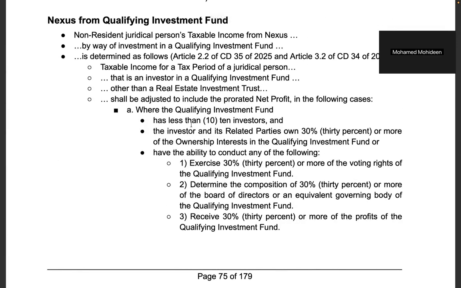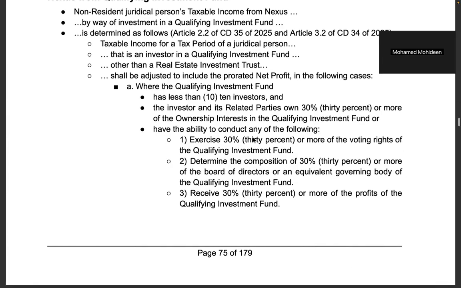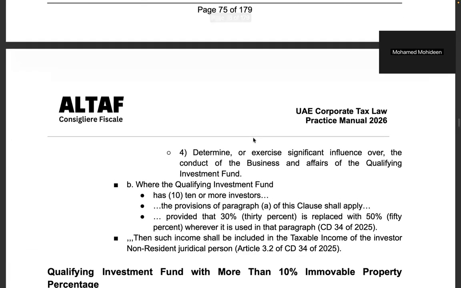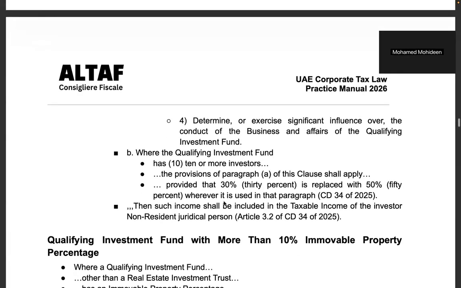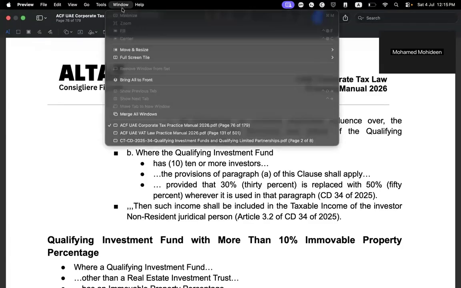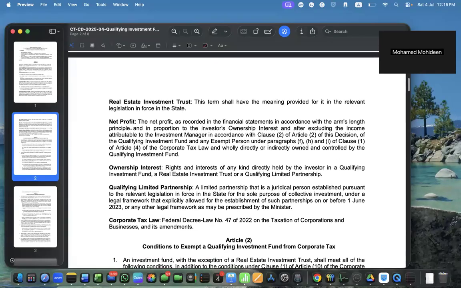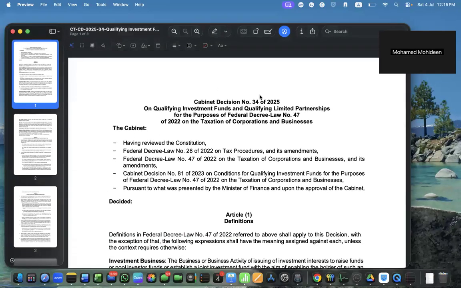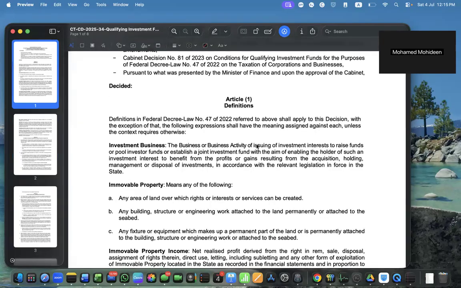Let's have a look at it. Investor and related party own 30% or more, then it will be included. I think there is one point missing in here, because there's a mention of prorated. Let us have a look at it. This is Cabinet Decision number 34.